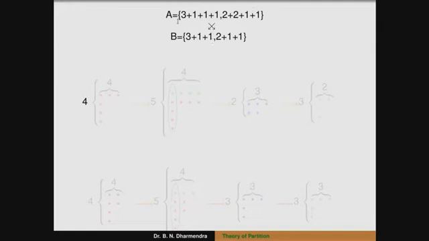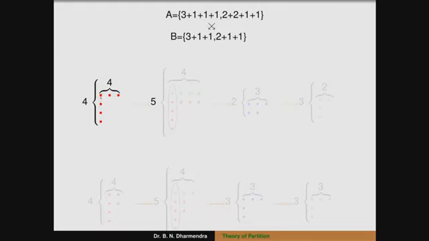First we have to take 3 plus 1 plus 1 plus 1, that is 4 parts, and none of the terms, that is C minus 1, is less than or equal to C, that is 4 here. You can observe 3 plus 1 plus 1 plus 1, that is 4 parts, because small b is equal to 5 here.